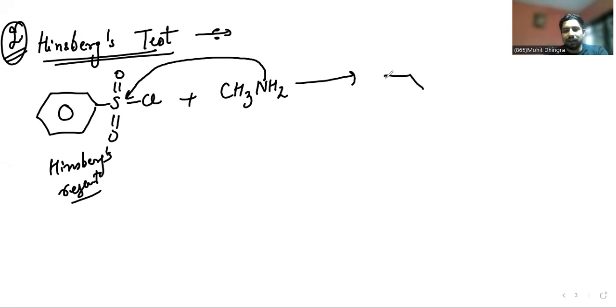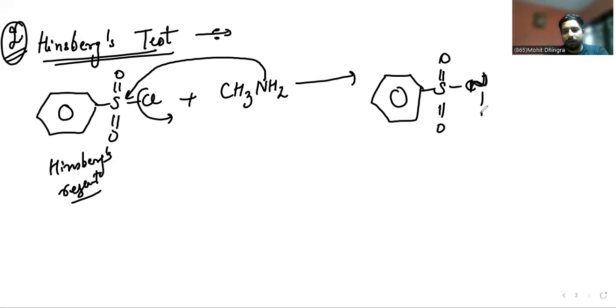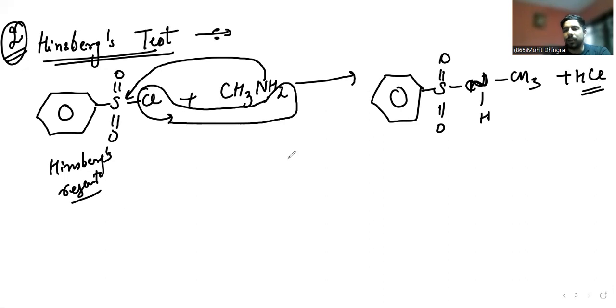So this chlorine will be removed, and then S double bond O, then N, H, CH3. This Cl and one hydrogen from this nitrogen are removed as HCl. So this compound has formed.